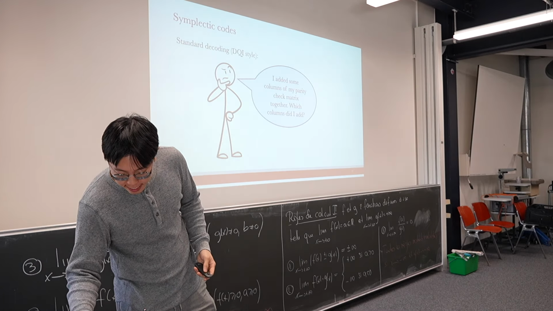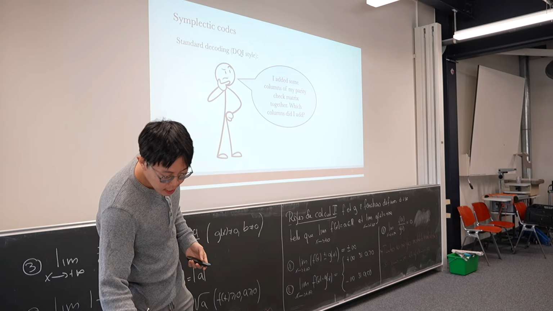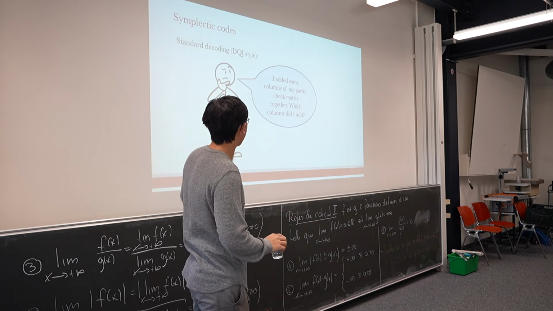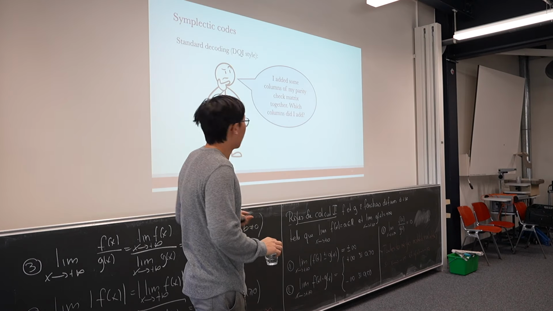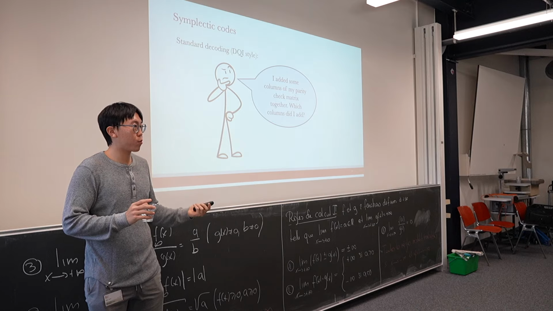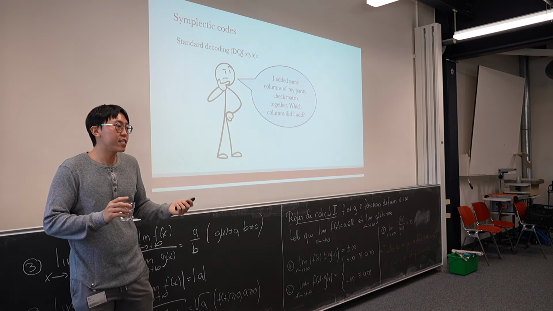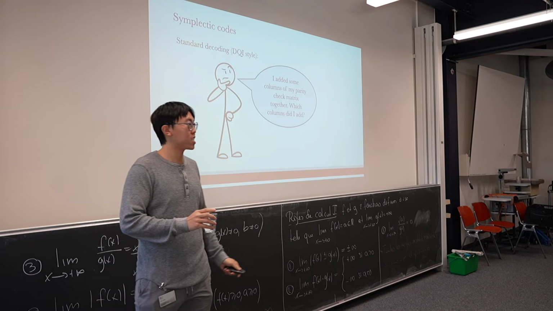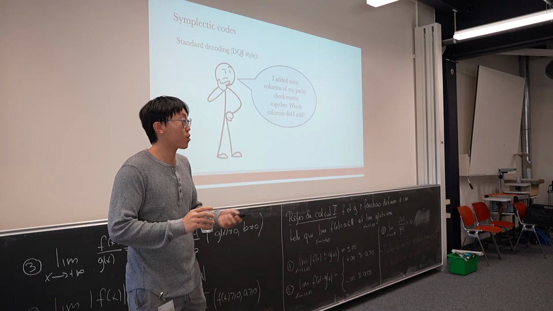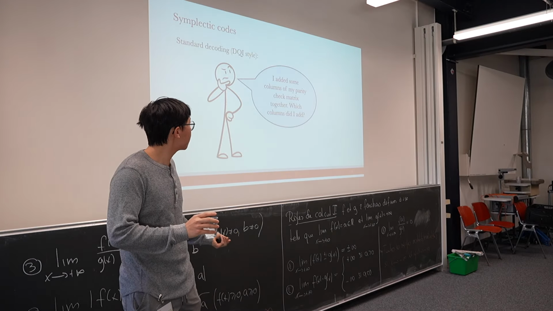Let me jump back and relate how the symplectic code works with this intuition I gave previously. If you recall, generally in a decoding problem, I took my parity check matrix, B transpose, and I picked some of the columns and I added them together, mod 2. And your question is, which columns did I add together?